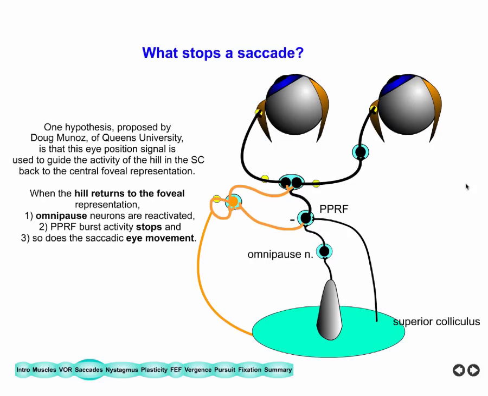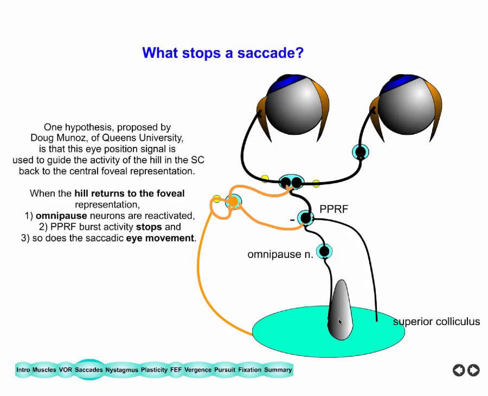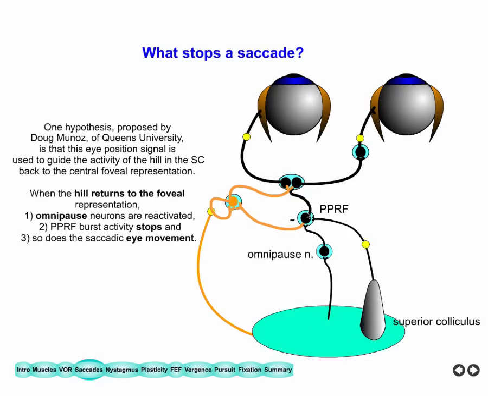So as the eye moves, this hill moves, and when the eye gets to the target, the fovea is pointing at the target, it activates this part of the superior colliculus. That then activates these omnipause neurons, and that stops the PPRF, and that stops the saccade.